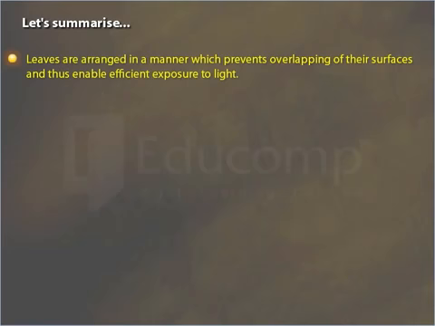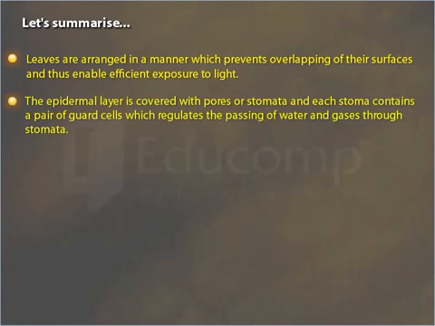Let's summarize. Leaves are arranged in a manner which prevents overlapping of their surfaces and thus enables efficient exposure to light. The epidermal layer is covered with pores or stomata, and each stoma contains a pair of guard cells which regulates the passing of water and gases through stomata.